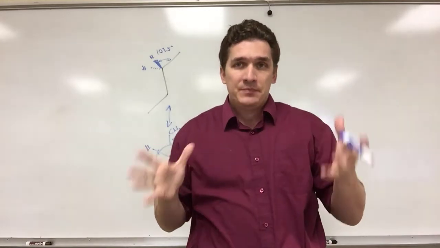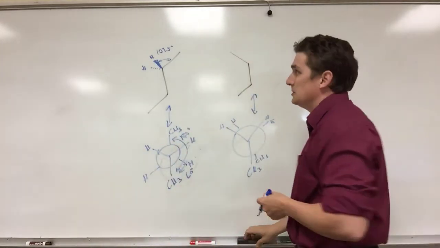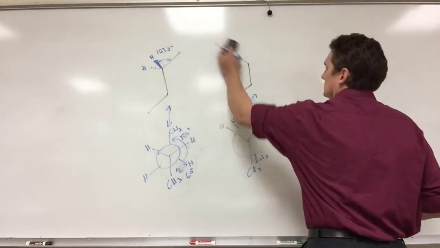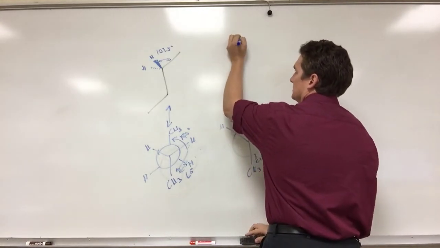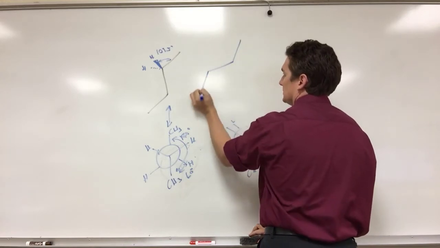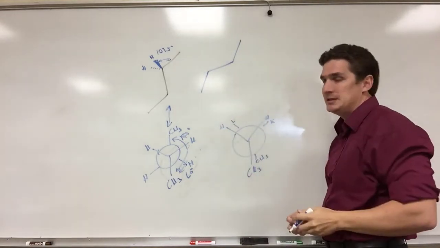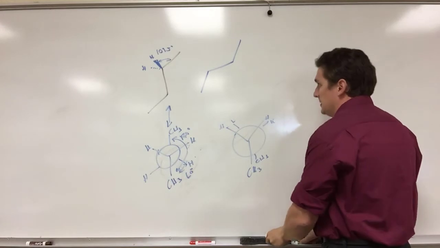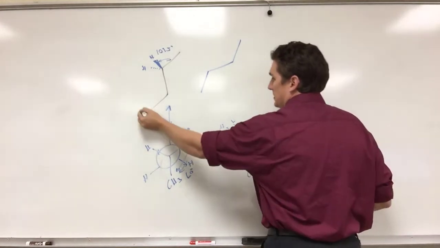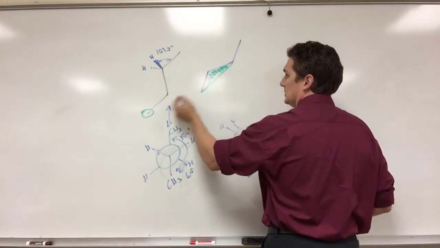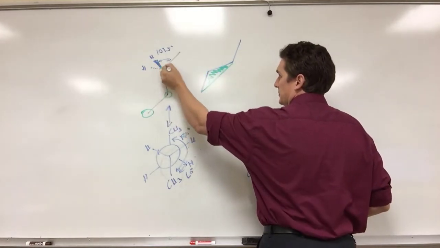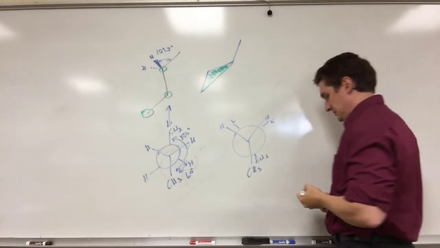Basically what it is, if you were to draw it out visually, which I'll try to do here, we have our methyl group up. We have two planes here. The first plane is from this methyl group carbon and this carbon.